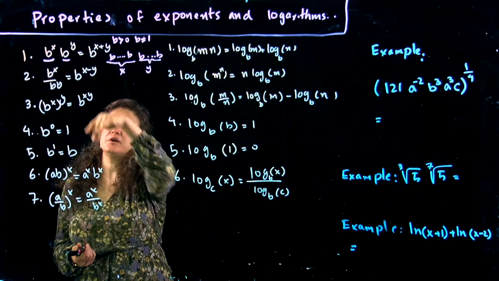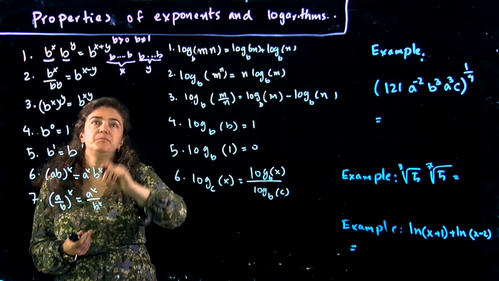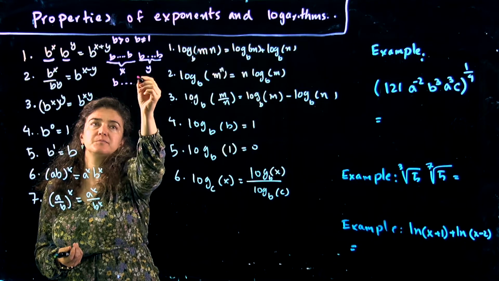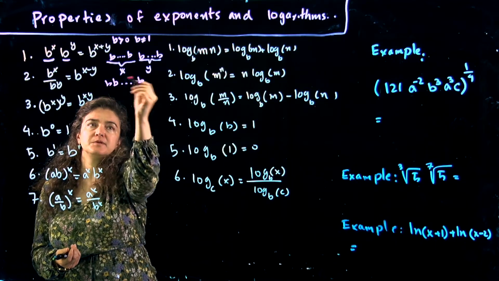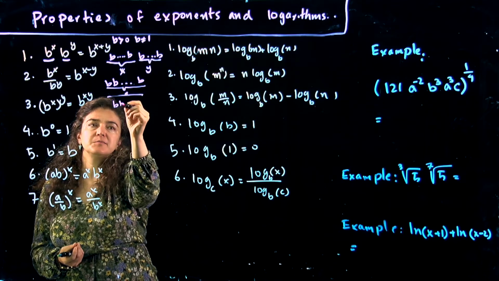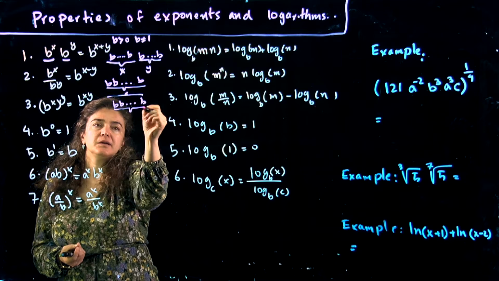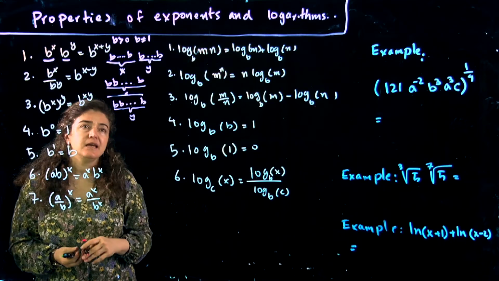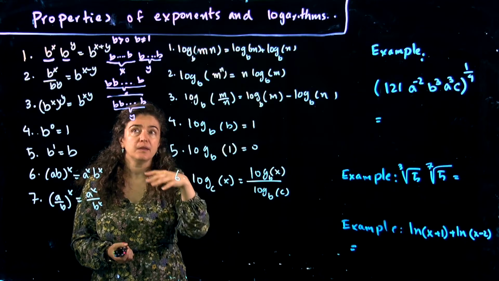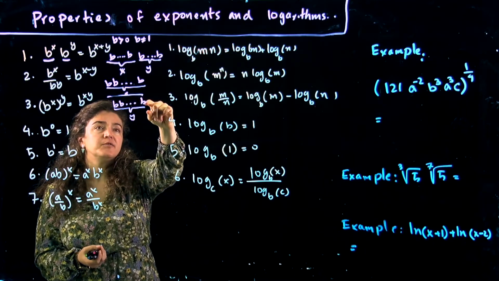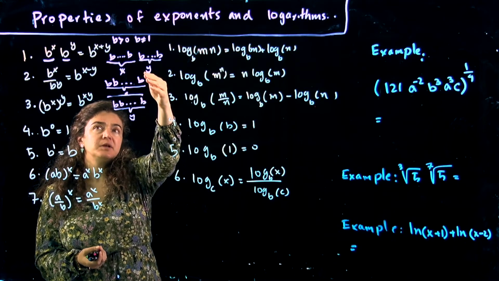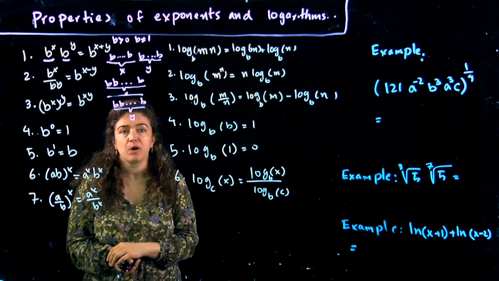If x and y were integers, then b to the power x would be b times b, x times, divided by b times b, y times. Then we can simplify y of them from the top and get x minus y.